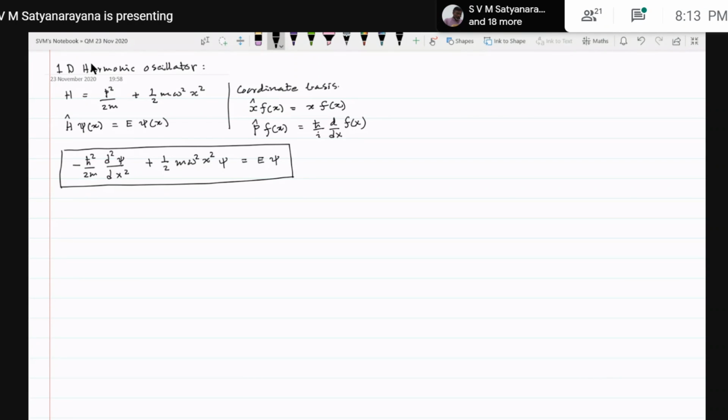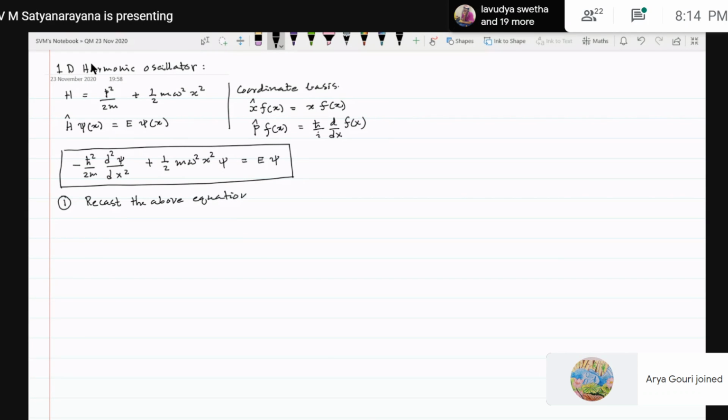Okay. So in the first step, what we will do is we will try to recast the above equation in terms of dimensionless variables.